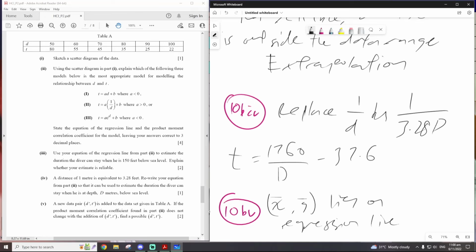Or rather, I should say d bar and t bar. So this is actually 1 over d bar and t bar lies on the regression line.